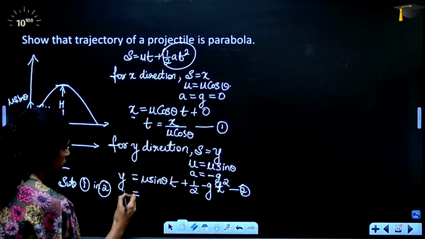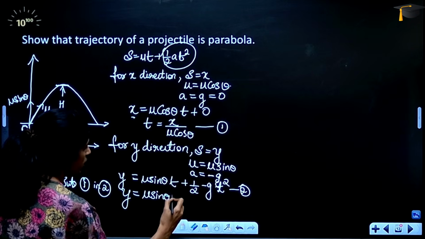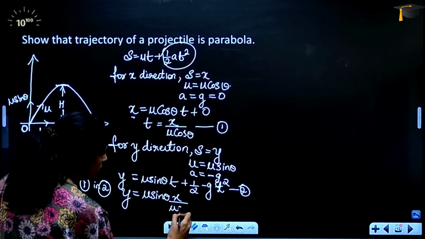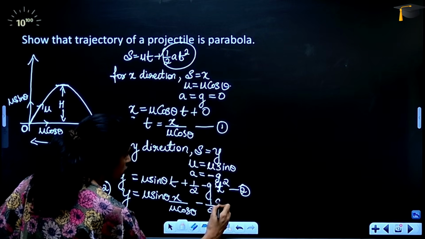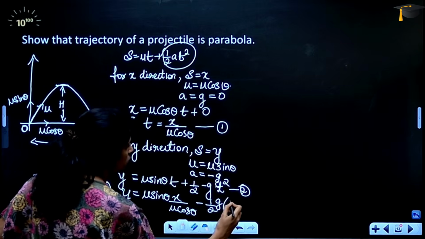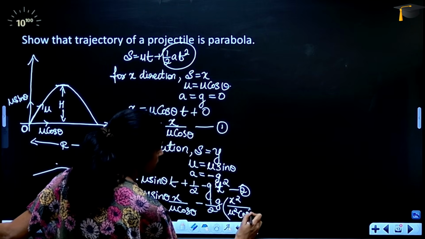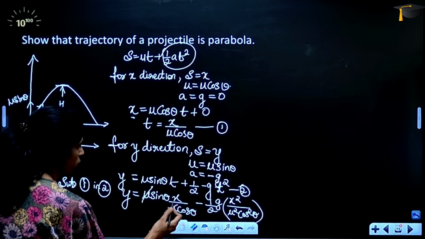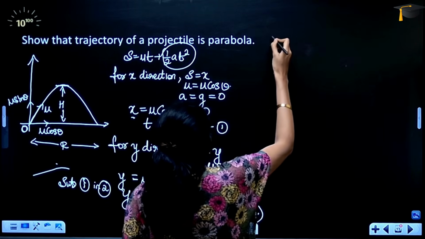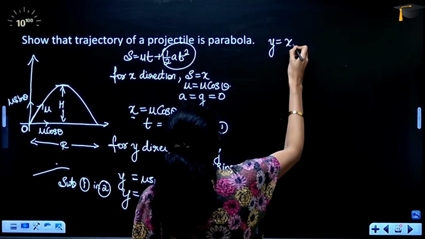Now, if I substitute, I'll get Y equals U sine theta. In place of T, put X by U cos theta, plus into minus half G. In place of T square, you can put X square by U square cos square theta. Now I can cancel U and U. I'll get Y equals X sine theta by cos theta.